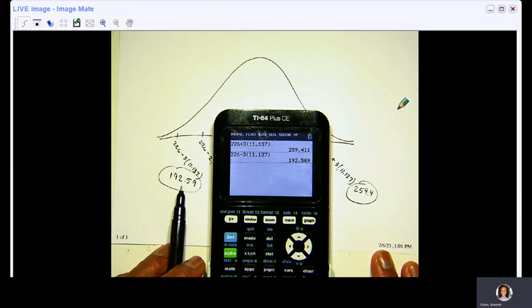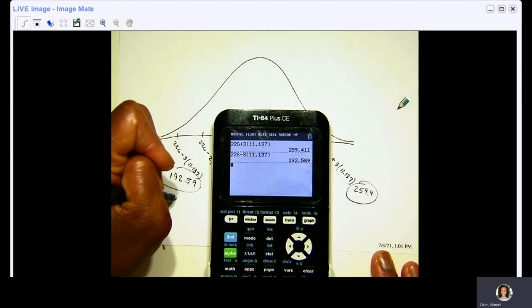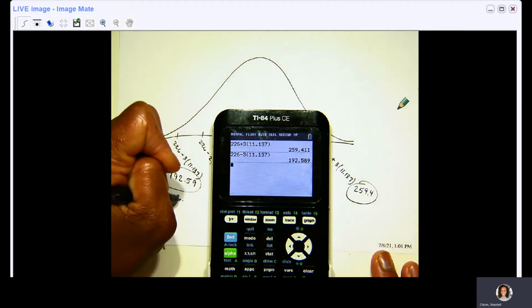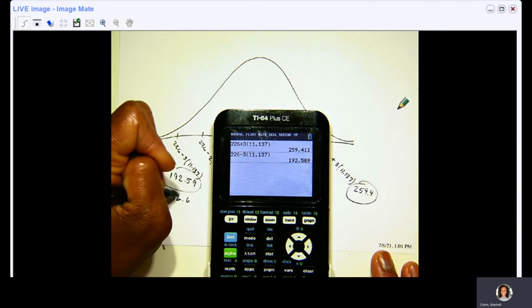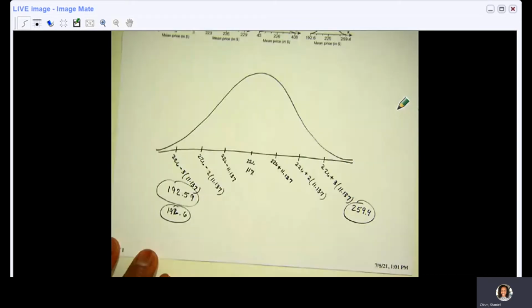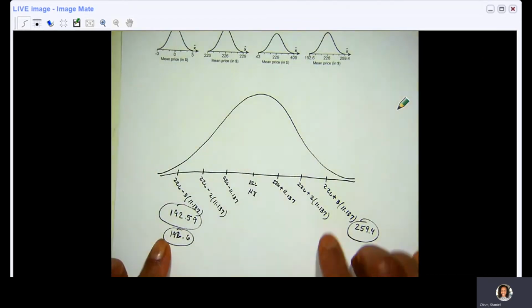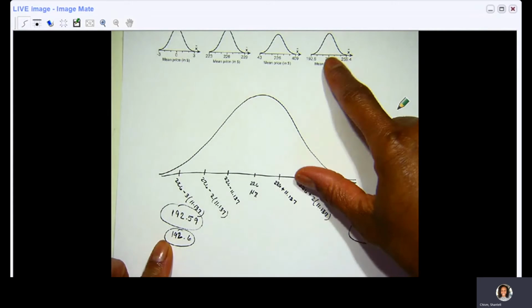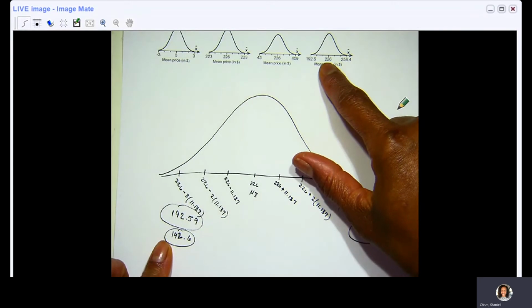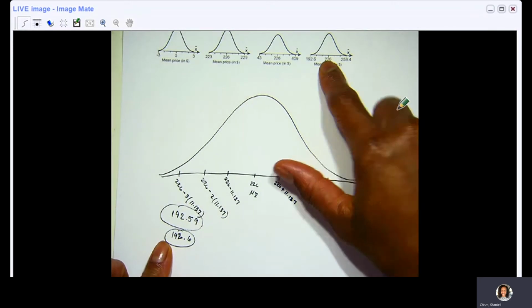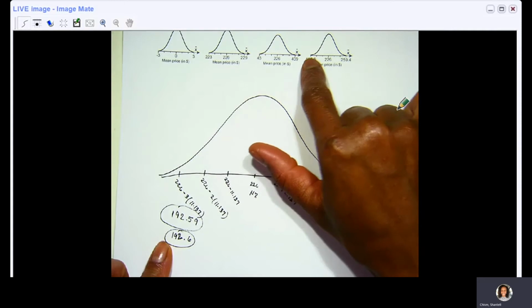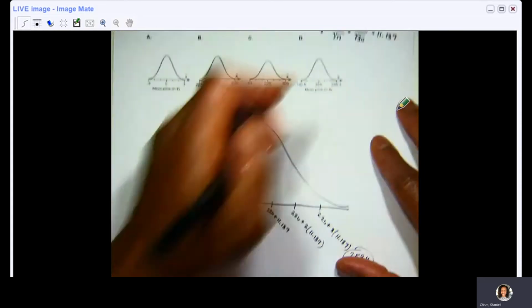And that would technically be probably 192.6. That's what I should have put. Okay, so that has to be D. That is the picture of the correct sampling distribution with the mean and 3 deviations below it and 3 above it. So it would be D.